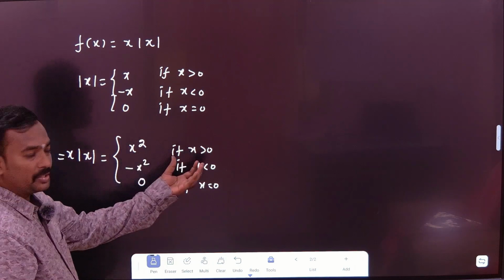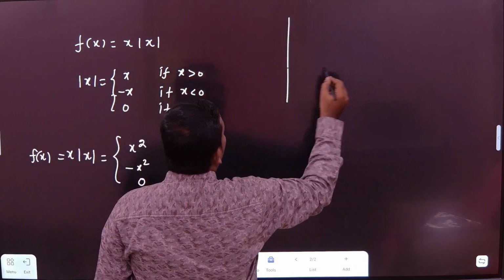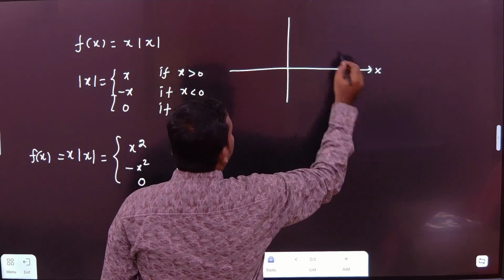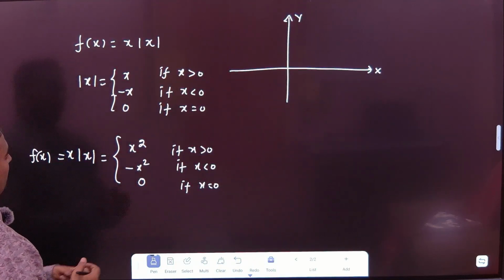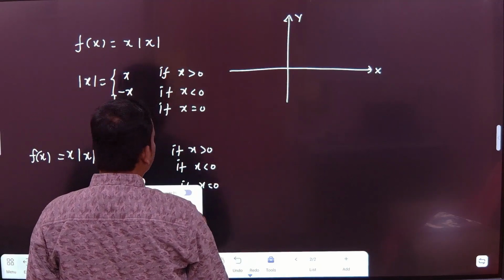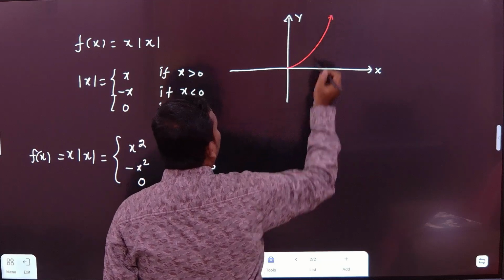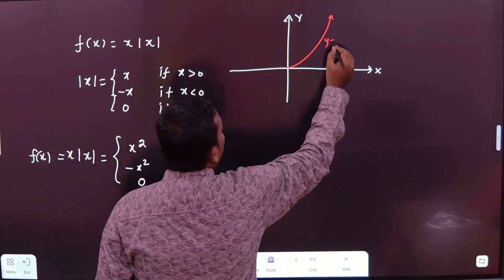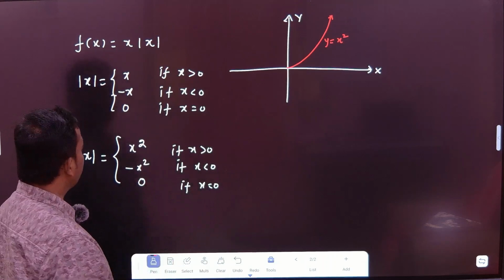When x is positive, x square. Let's take the graph: this is the x-axis and this is the y-axis. When x is positive, it is x square. Let me take another color. You can see this is your x square graph, y is equal to x square, when x is positive.